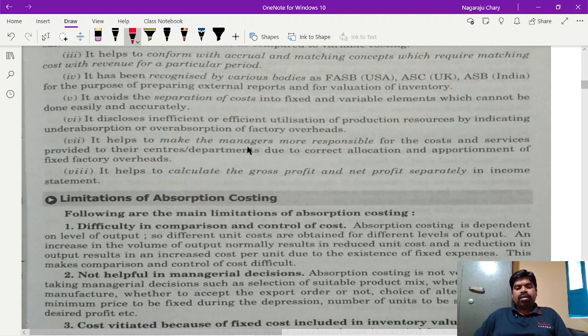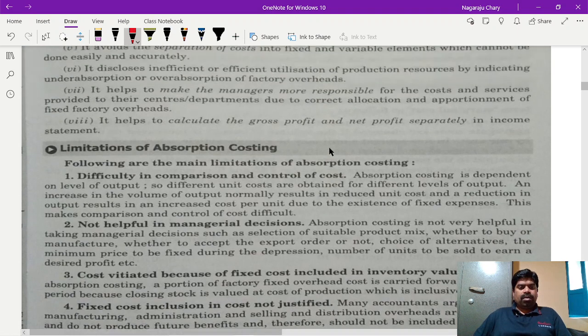It helps to make the managers more responsible for the cost and the services provided to the centers and departments, due to correct allocation and apportionment of fixed factory overheads. So fixed and variable cost can be easily apportioned and allocated to the concerned departments.